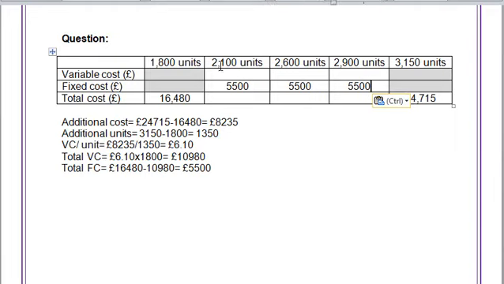I then have to calculate my variable cost at each of the activity levels, and for that I need to do £6.10p times 2,100, and that gives me 12,810. I then plug that with the fixed cost together to give me my total cost at the 2,100 units of activity.